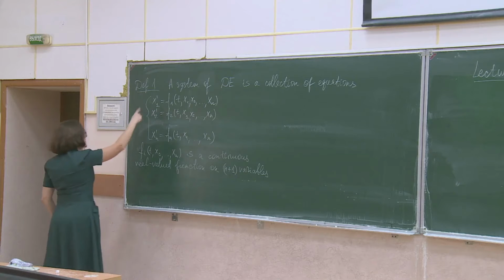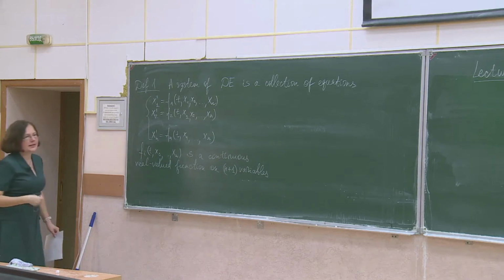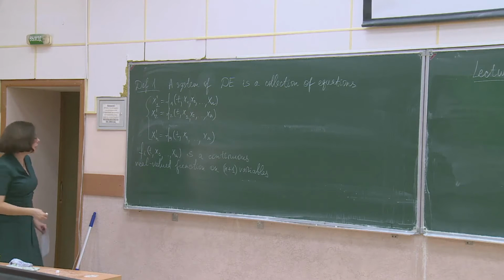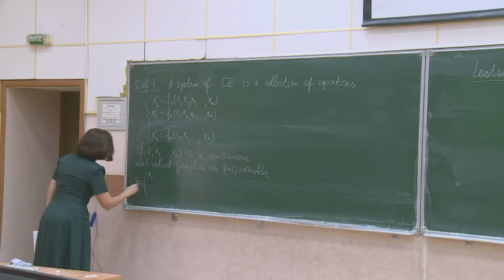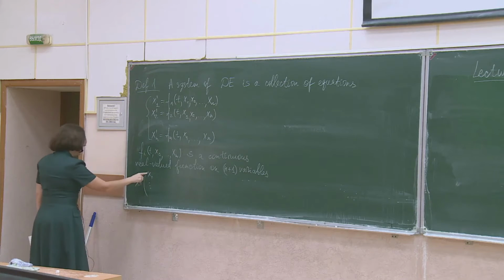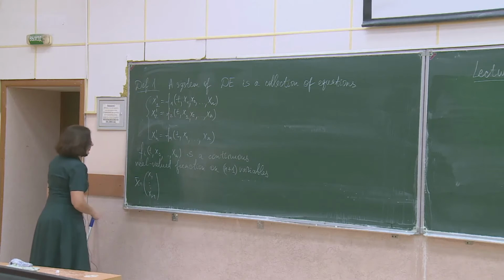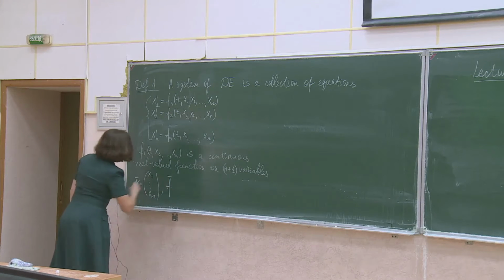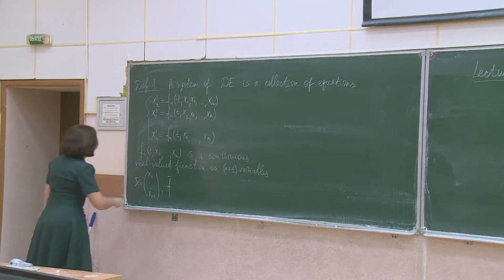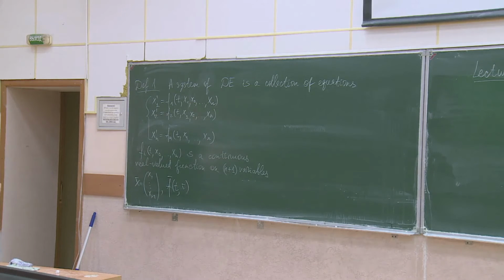So if we consider x1, x2, and so on, xn as coordinates of a column vector, and if we consider a vector-valued function f, it depends on t and x.